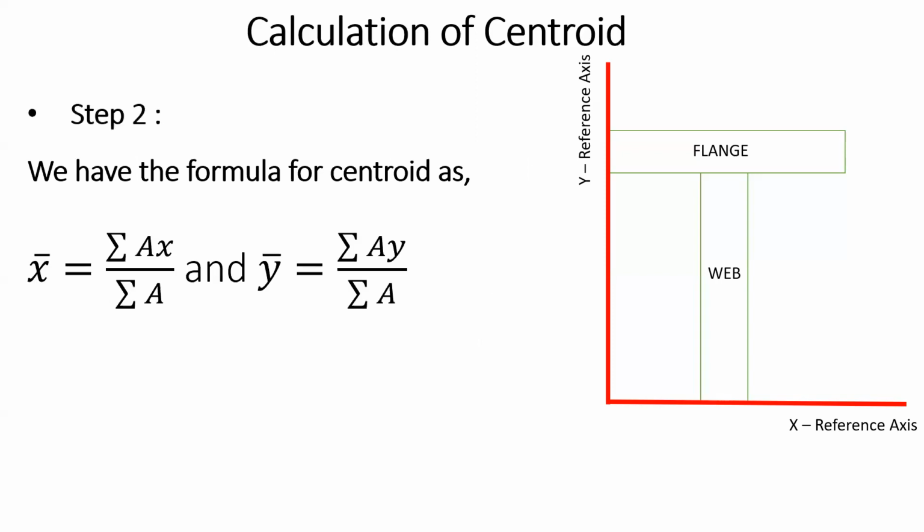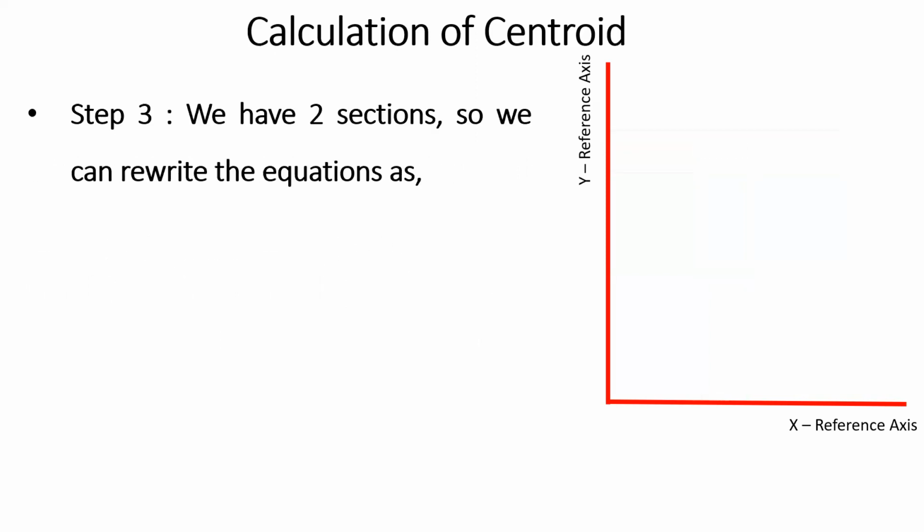Now we have the formula to calculate the centroid: x bar is equal to summation a into x divided by summation a, and y bar is equal to summation a into y divided by summation a.